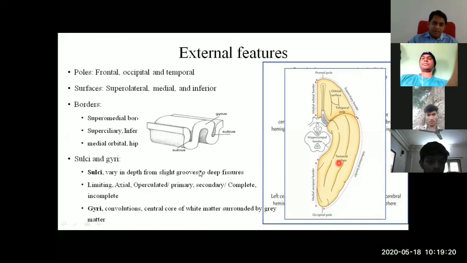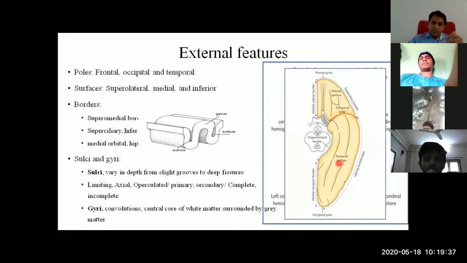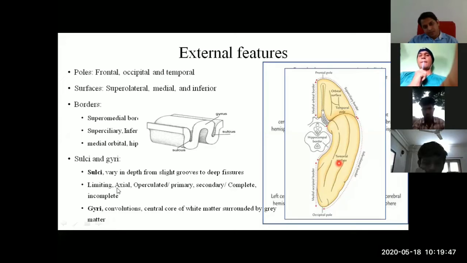They are classified according to their functions as limiting, axial and operculated. Limiting is the one which limits. It limits the motor area from the sensory area. One sulcus which does this is the central sulcus. Another is the axial sulcus, which runs along the axis of the posterior pole.